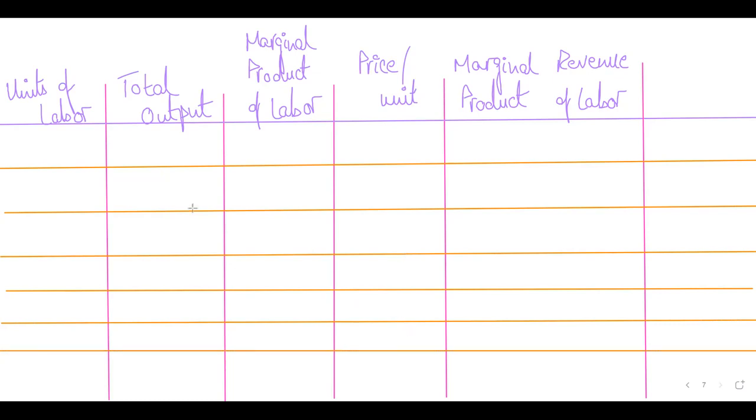Now, when the company hires the first unit of labor, let's take an example of a real business because then it will be easier for us to relate to what is happening. Before we even get started, do you remember when we were talking about cost, we took the example of a restaurant?